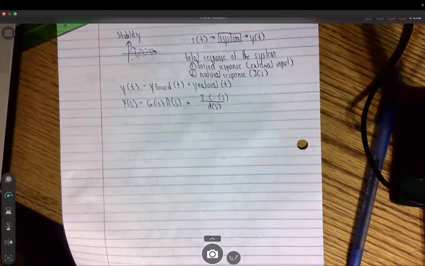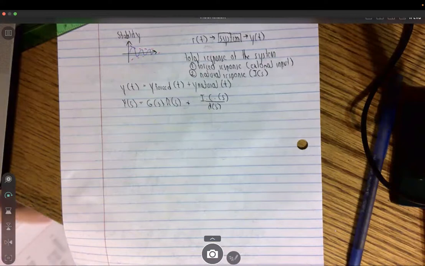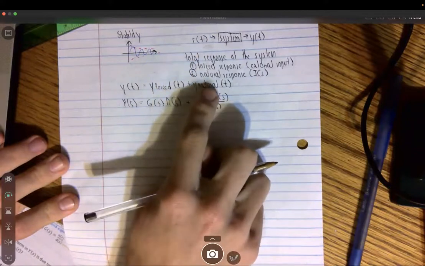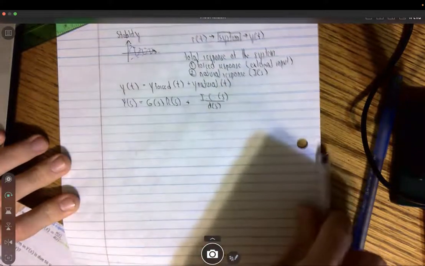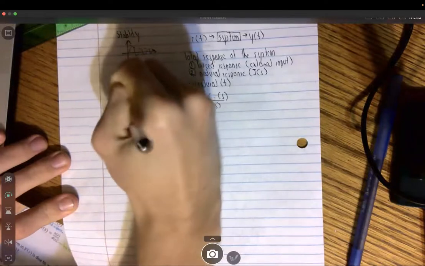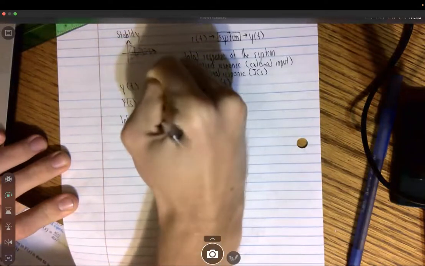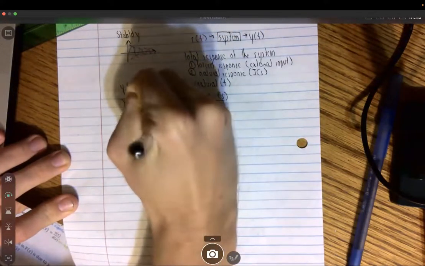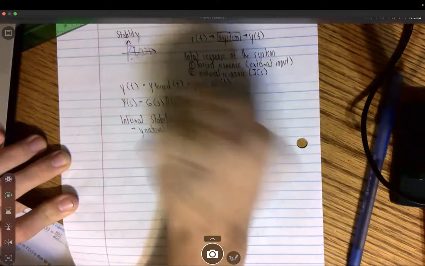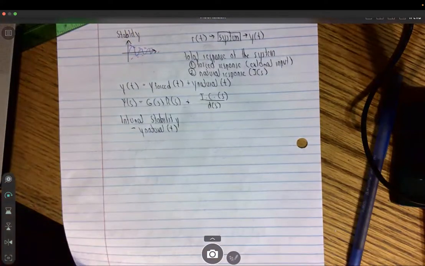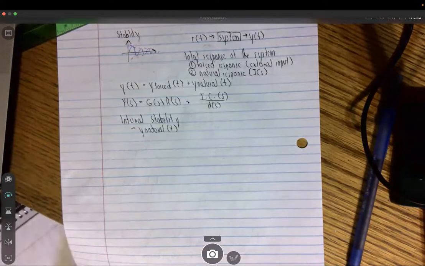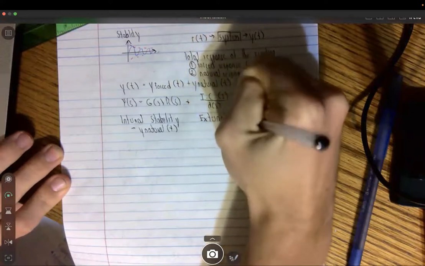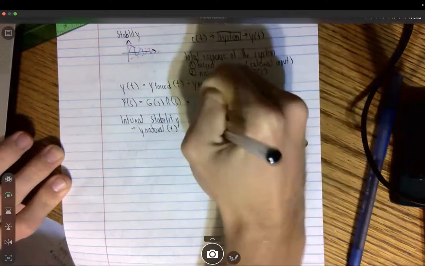And so when we talk about internal stability versus external stability, due to the internal or the initial conditions, that's where your y natural comes in. So internal stability refers to the natural response of the system, so y natural of t. And that is very important versus external stability, which is the forced response. So that's due to the input you're putting into the system. So this is going to affect the y forced of t.